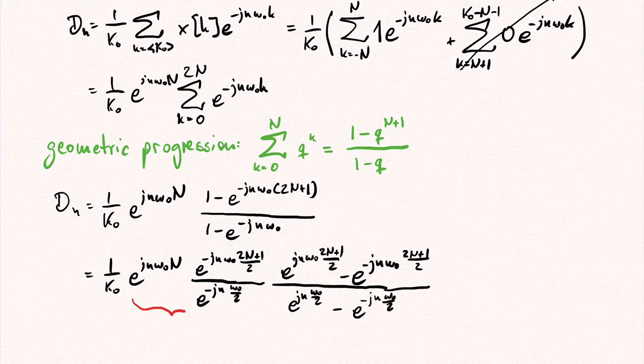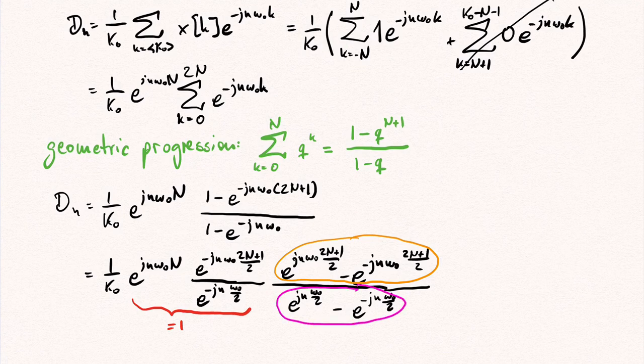Combining those three complex exponentials, we see that they're equal to 1. And using Euler's formula, these two exponentials yield a sinusoid of n omega 0 to N plus 1 half, and these two complex exponentials yield a sinusoid of n omega 0 half.